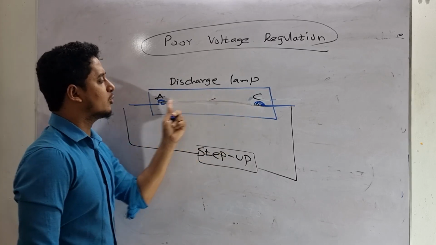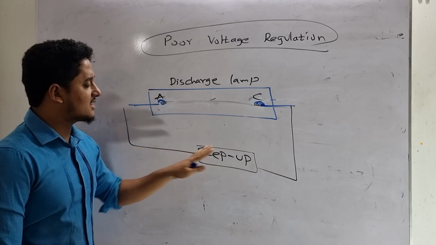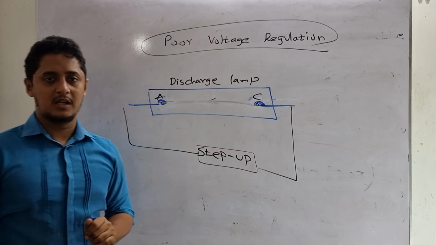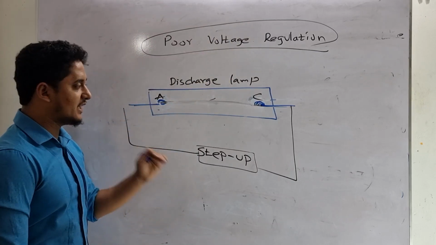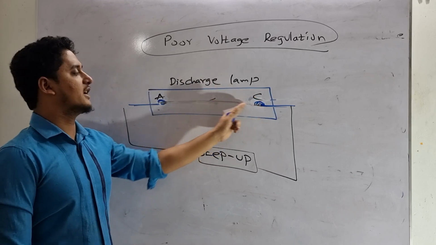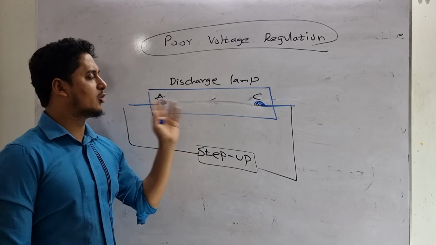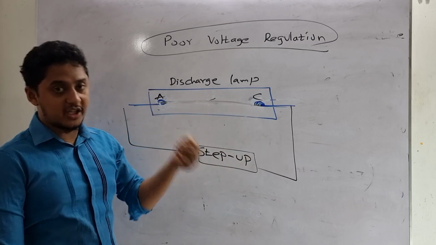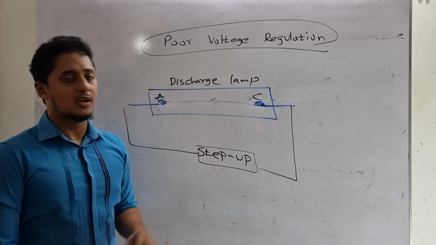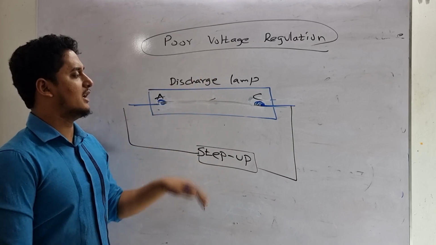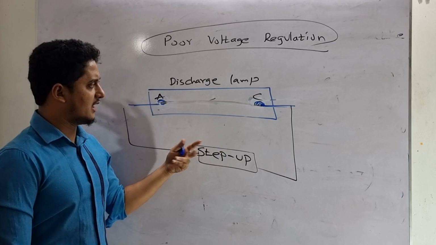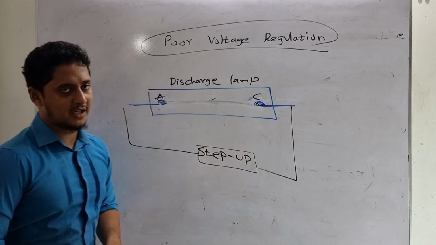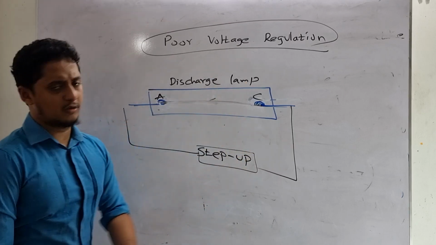Then the current flows through these two terminals, and at that time the step-up transformer voltage should drop because it is a poor voltage regulation transformer. Therefore, at the initial condition it gives a high voltage. After current flows through these two terminals, because of this load there will be a high voltage drop, because it is poor voltage regulation. Then we can use the discharge lamp in a very efficient way. So this is the benefit of a poor voltage regulation transformer.